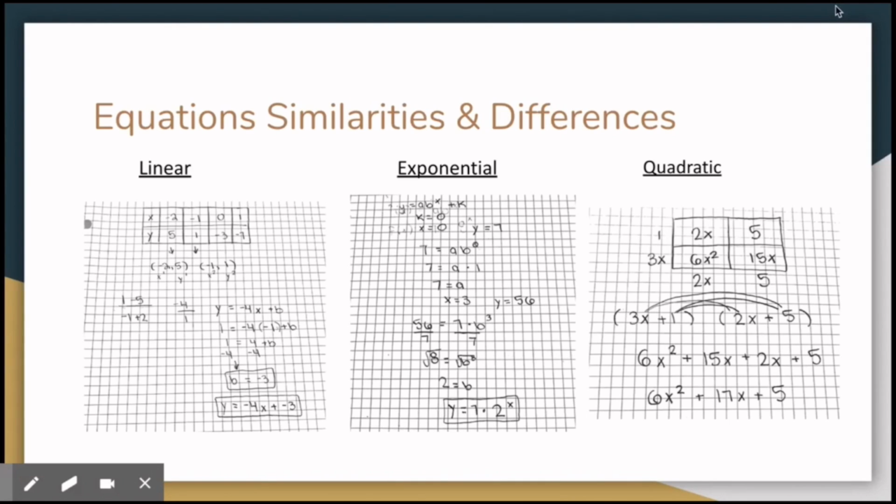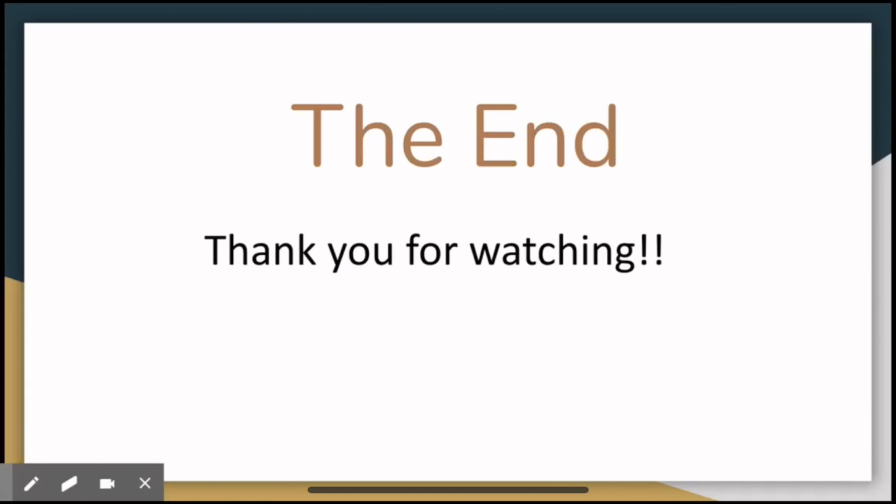And for the quadratic one, we used a generic rectangle, and we didn't use that for any of the other two. But for all three of them, another similarity is that we added like terms, which got our answer for all three of them. And that's the end of our journey project.